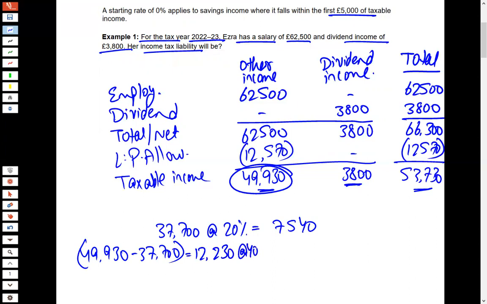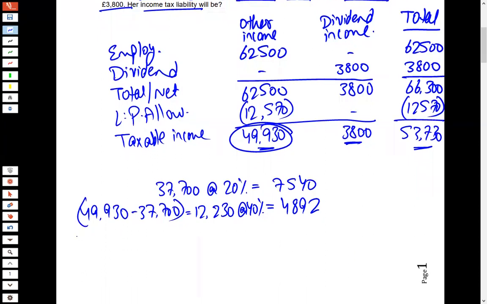This is going to be taxed at the rate of 40%. So the 40% amount is 4,892. Then for dividend, there will be the dividend exemption or dividend nil rate band, whatever you name it. That is 2,000 at the nil rate, so that turns out to be 0.